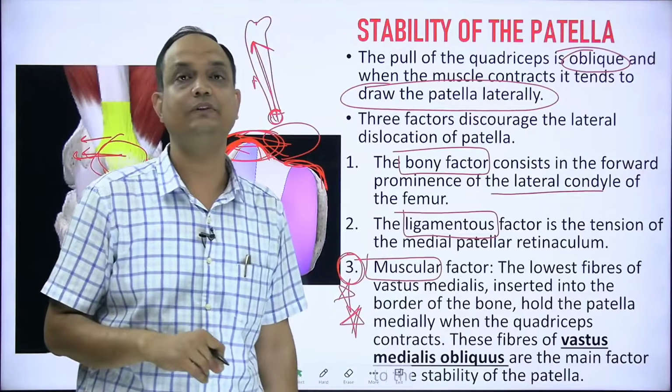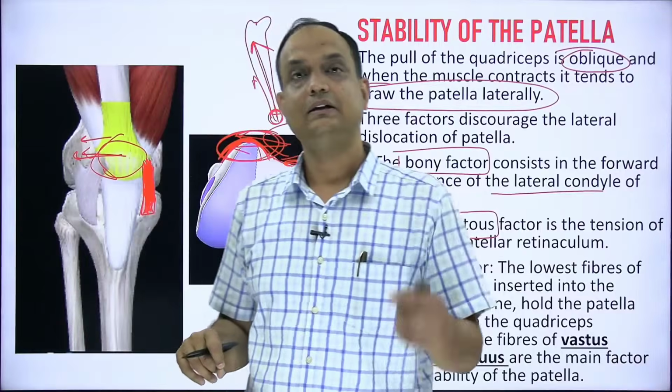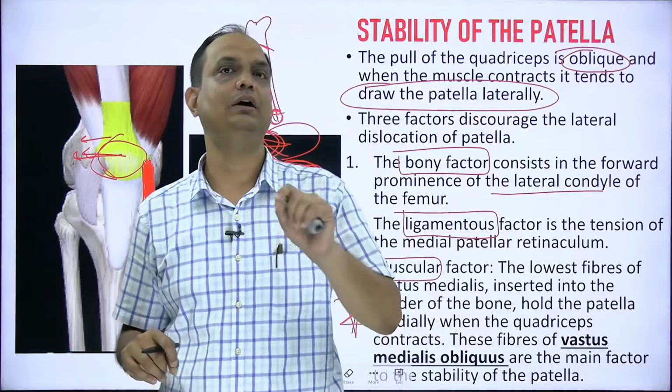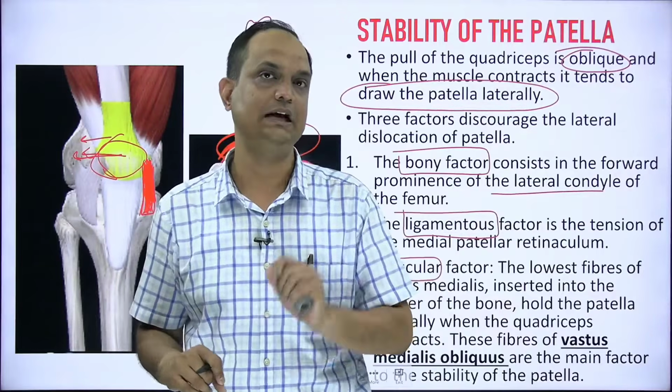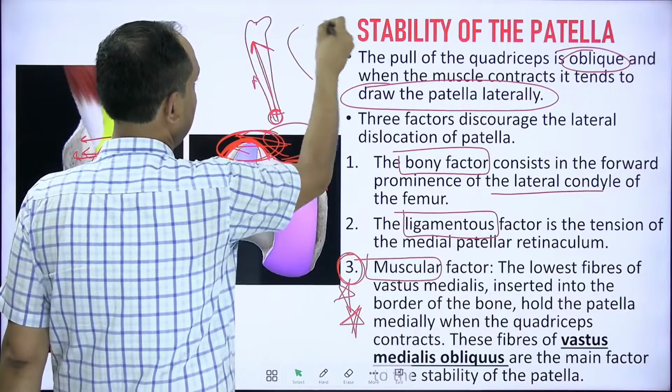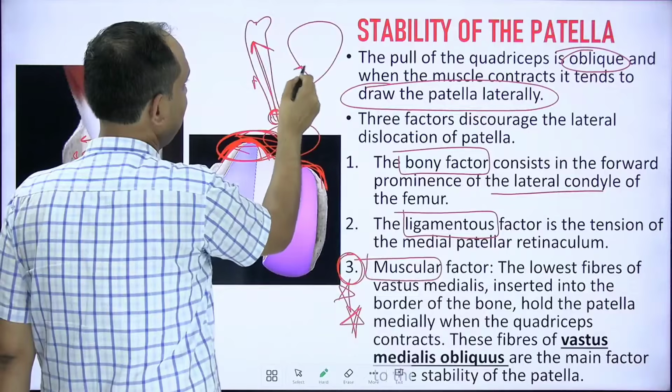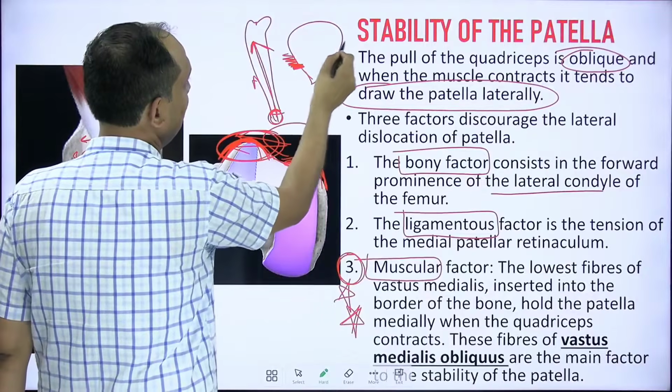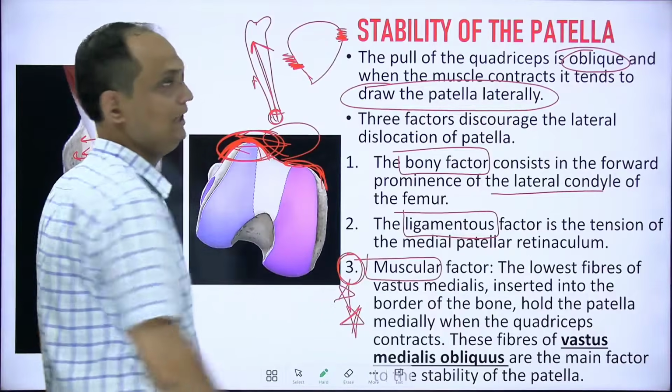Now, this muscular factor says that the lower attachment of vastus medialis. I just told you that when you have the attachment on the patella, the vastus medialis has the lower attachment, and vastus lateralis has the higher attachment.